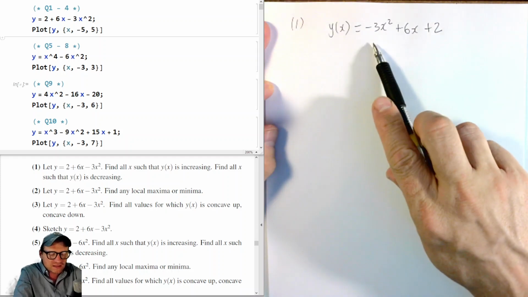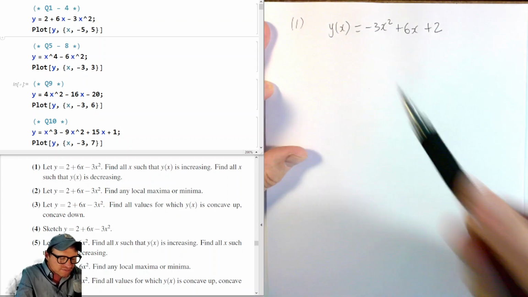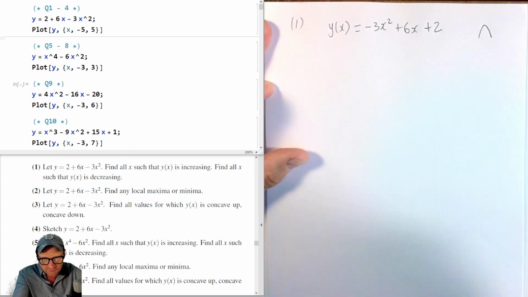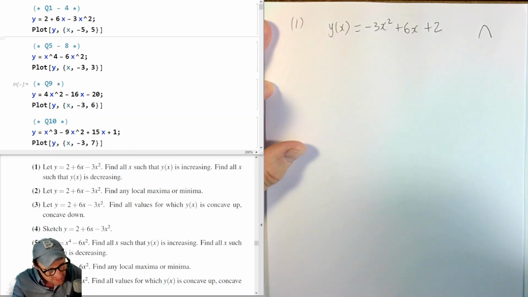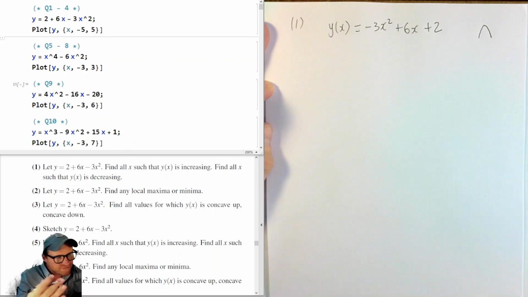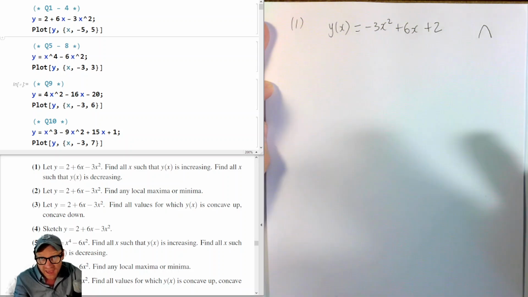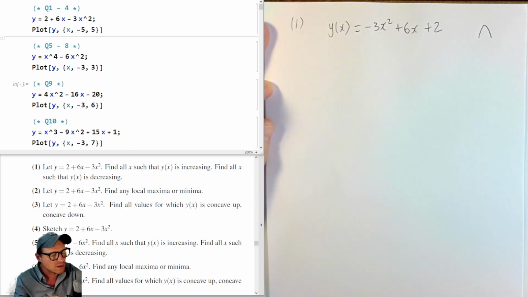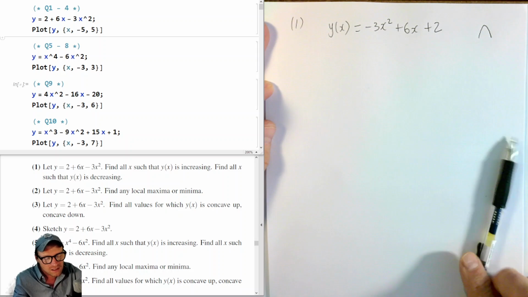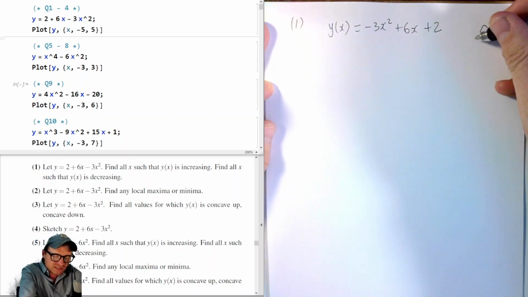We can see that the leading coefficient is negative, so we already know that it looks something like a frown face, rather than a smiley face. Let's begin by finding the set of all x such that this function is increasing. That will be on the left-hand side of this peak, where we have a positive slope.